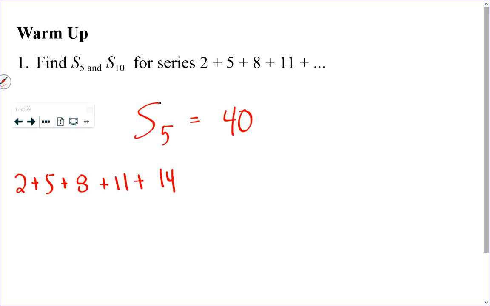I've figured out the common difference is 4 or 3 rather. It's not an onerous task. You just look at it, you go, well, I'm adding 3 each time. So then I added those numbers together, but unfortunately for you, to find S10 requires that you actually find T6, T7, T8, T9, and T10 unless you know a shortcut.